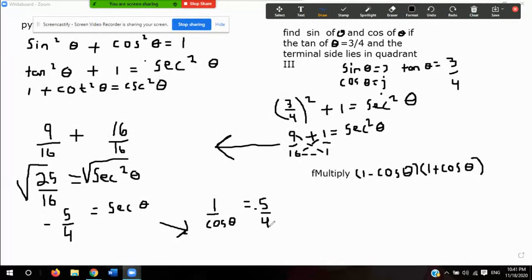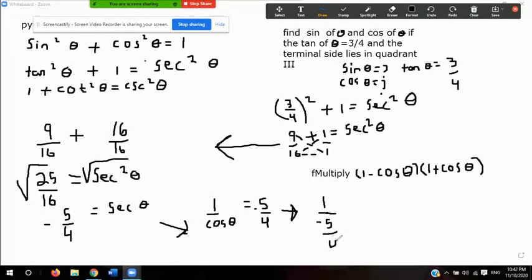The secant is 1 over the cosine, so we just change that to negative 5 over 4.